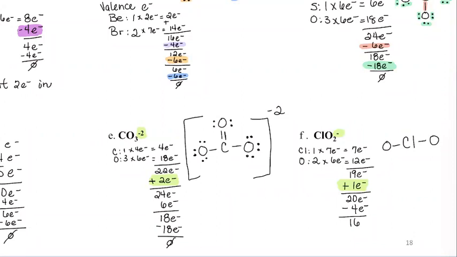Now, we are going to fill the electrons of the oxygen atoms. 2, 4, 6, 8, 10, 12. Okay, so again, with the dots, I already used 12 electrons. So I have 4 electrons left. Who gets those extra 4 electrons? The chlorine.